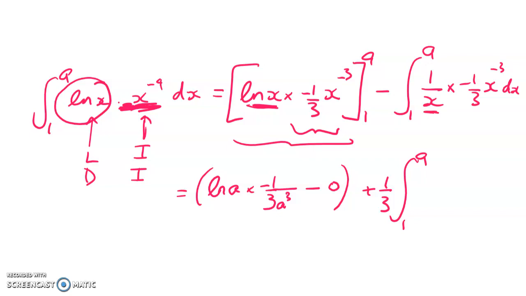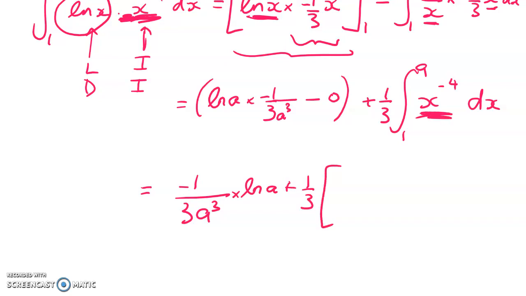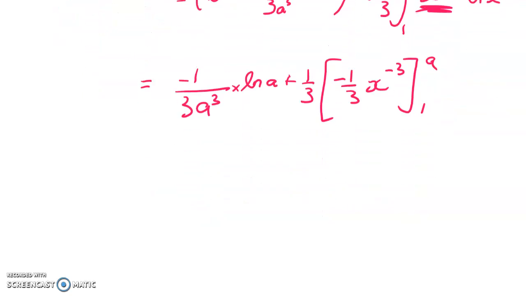And here we've got 1 over x times x to the negative 3, so we need to integrate x to the negative 4. So that gives me negative 1 over 3a cubed times the natural log of a, plus 1/3 times, integrating this again, we get negative 1/3 x to the negative 3 between a and 1.